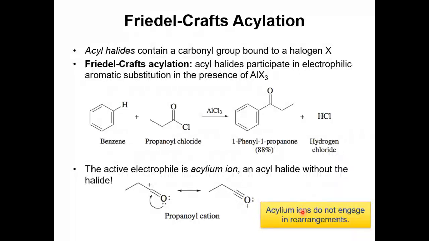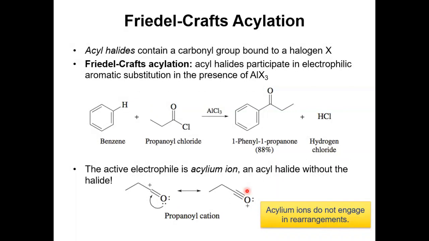So what is the consequence of having this resonance form? Acylium ions do not undergo rearrangement whatsoever, because this is already more stable than a conventional tertiary carbocation. What's the benefit if it rearranges to a tertiary one? It becomes less stable. They don't want to. There's no motivation whatsoever.